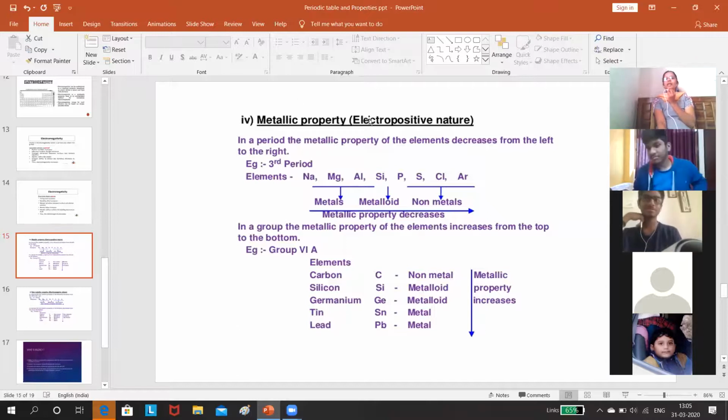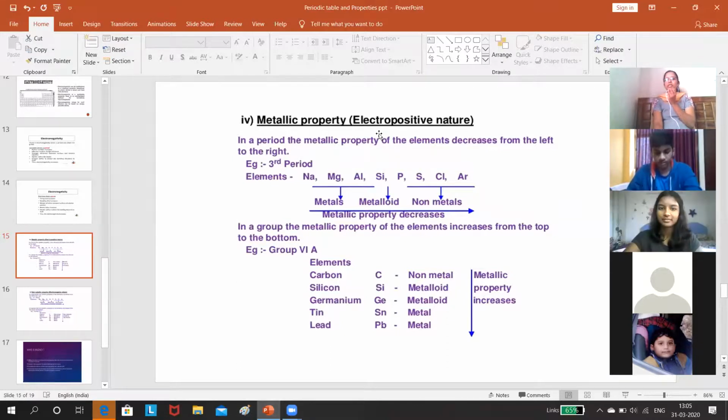Listen here. Metals are nothing but the elements which have the tendency to lose electrons. The tendency to lose electrons is nothing but electropositive nature. Why? Because when the atom loses electrons, what charge will it get? Positive charge. So metallic property is nothing but the electropositive nature.